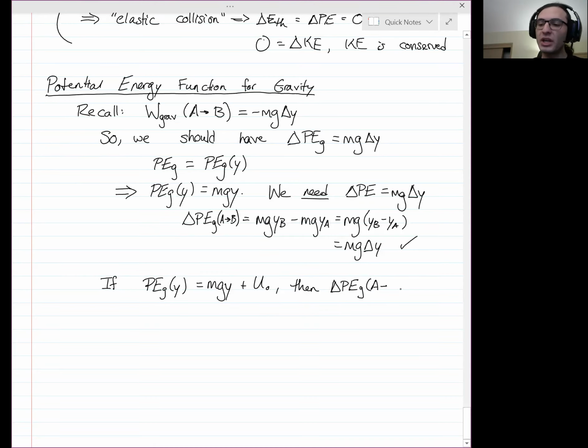The point here is that both of these choices of our potential energy function are equally valid, because the only restriction that we have is that the change in the potential energy agrees with what you calculate when you calculate work. And if what you calculate for the work is mg delta y, then both are perfectly fine.